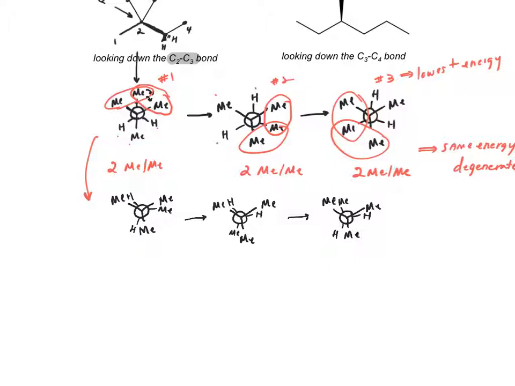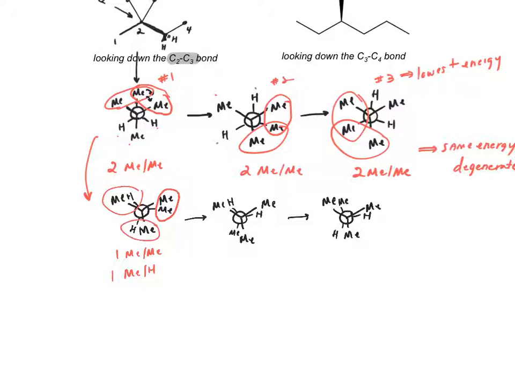And again, what we're trying to do is compare the 3. Here we know that a methyl-methyl eclipse costs the most energy comparatively. So here we have 1 methyl-methyl eclipse. We have also a methyl hydrogen, and then another methyl hydrogen.